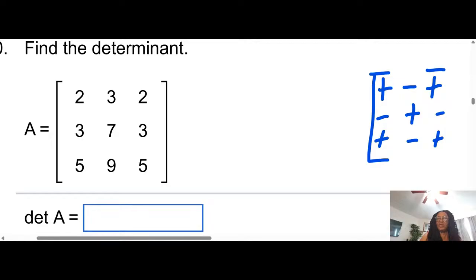So first of all, write the matrix of signs. If you're just joining, this is algebra review for those who are going to be taking a test in college algebra. This is algebra review for finding the determinants of a matrix. Okay, and now I have just written the matrix of signs.